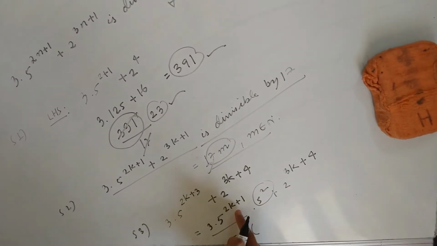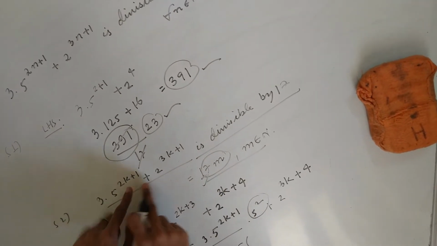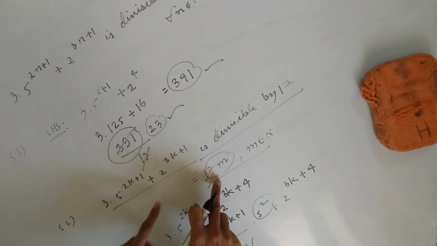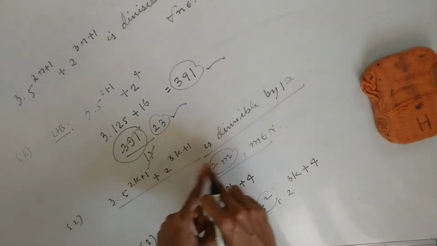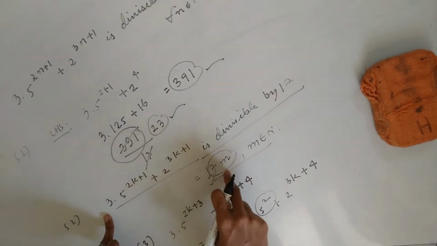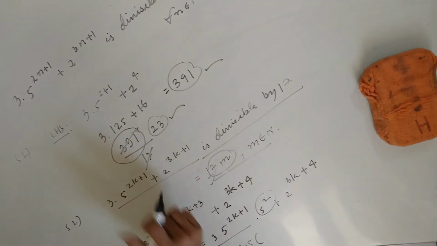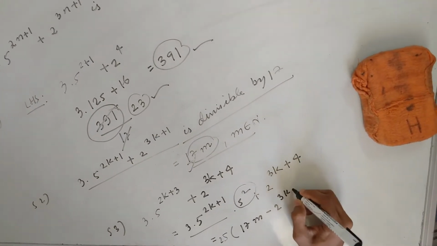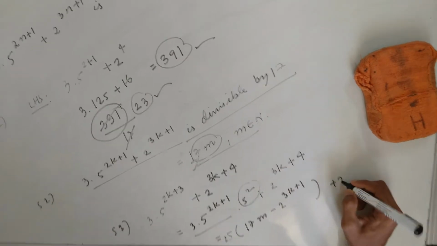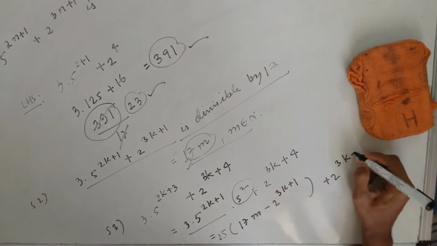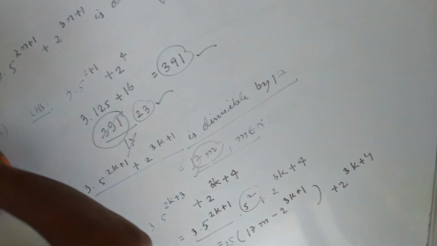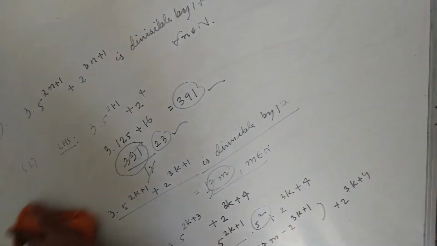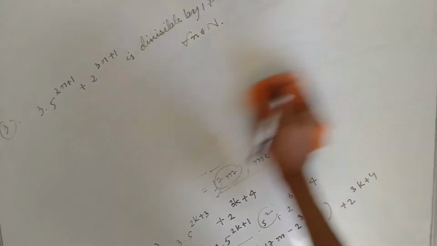And 3 into 5 power 2k plus 1 you can write as 17m minus 2 power 3k plus 1, by transposing. So you can write it as 17m minus 2 power 3k plus 1, plus 2 power 3k plus 4.